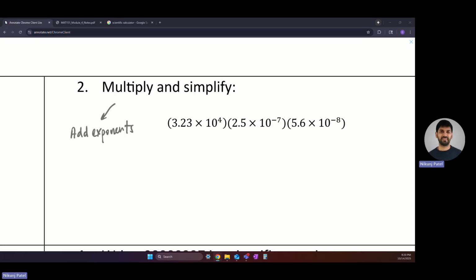We can do this if we have exponents that all have the same base. So they all have 10 as the base here. These extra numbers are part of the scientific notation format, and whenever you have these additional multiplied values out here, you can separately multiply those numbers.